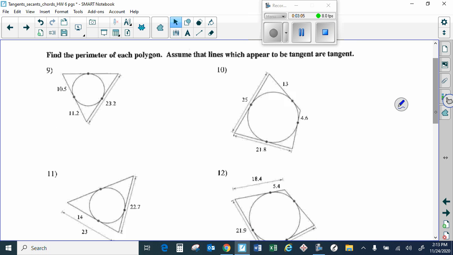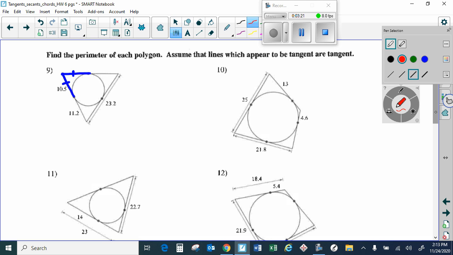Perimeter of each polygon. Okay, so when I have a point outside the circle and it's tangent in 2 places to the circle, those distances are congruent. So those 2 are equal. From this one, it's tangent there and tangent there, so these 2 must be equal. And those 2 tangents must be congruent.